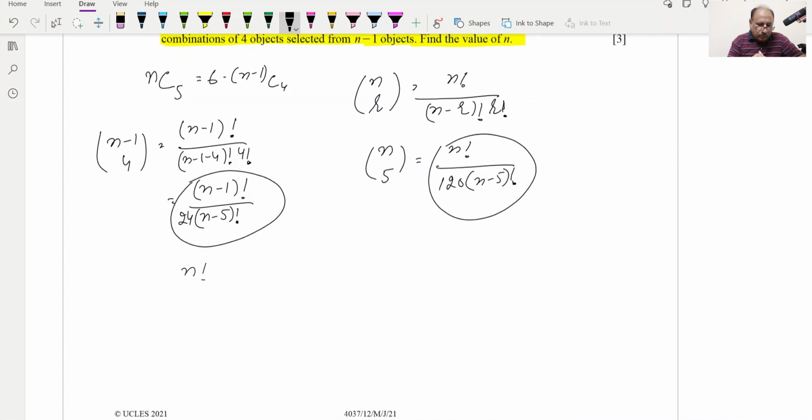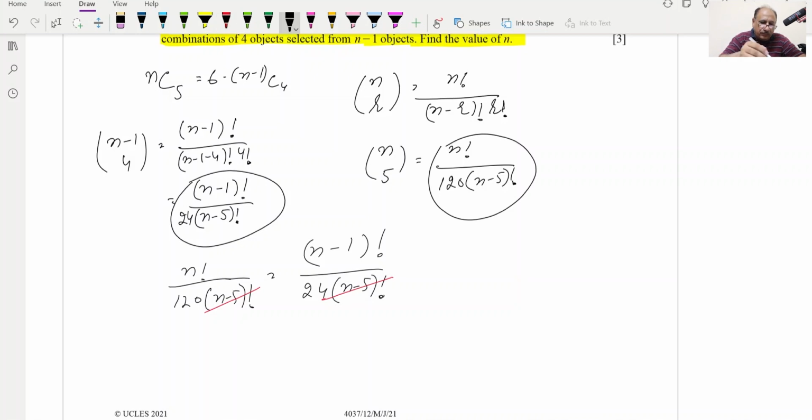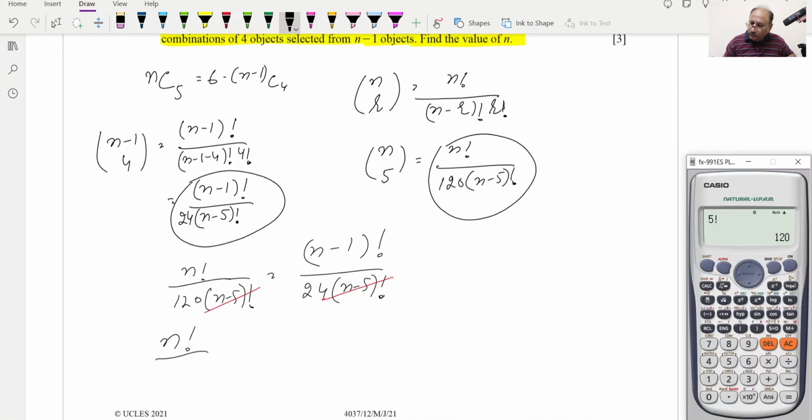So n factorial over 120 into n minus 5 factorial is equal to n minus 1 factorial over 24 into n minus 5 factorial. So n minus 5 factorial is on both sides, which we can cancel, and the remaining part we can write n factorial over, and 24 basically also we can cancel. 120 divided by 24 will be equal to 5.